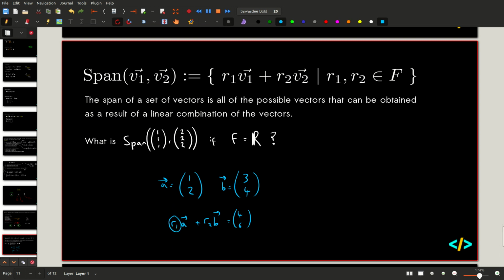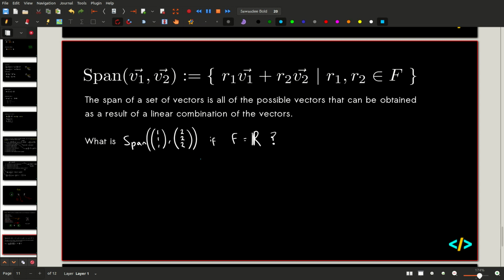As long as R1 and R2 are in the field we defined. So whatever field this vector space is over. So let's say we had these two vectors here. What would be the span of those two vectors? Can anyone write out what that set would look like? If our field is the real numbers, what would be the span of these two vectors?